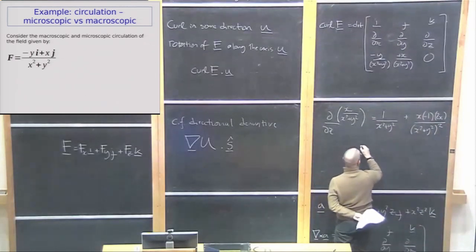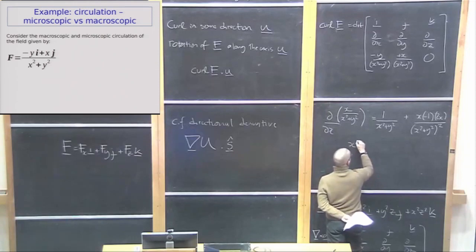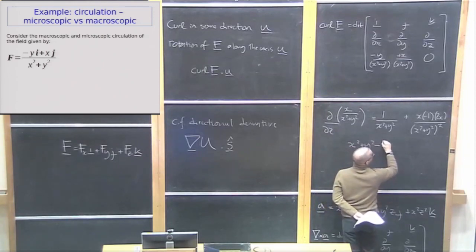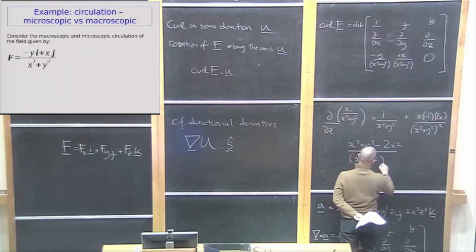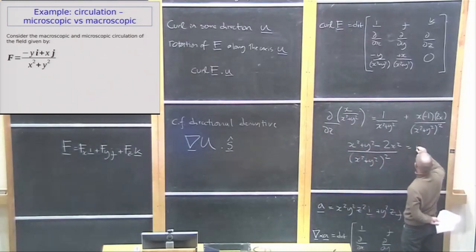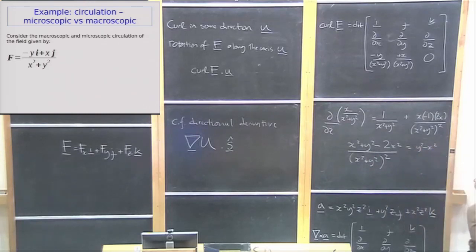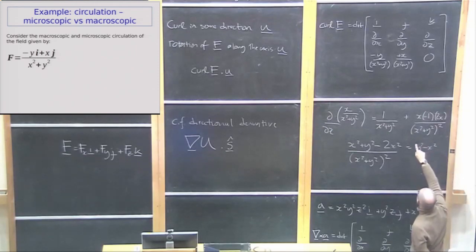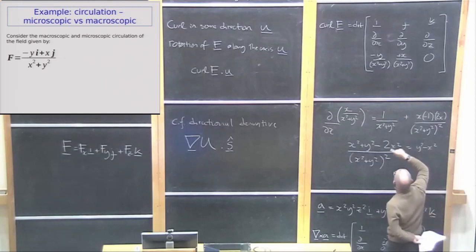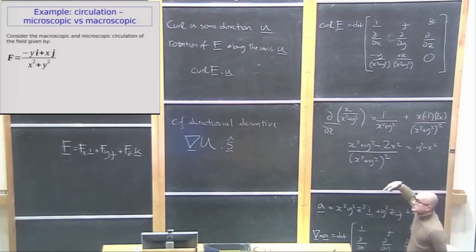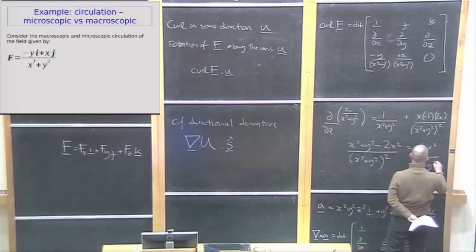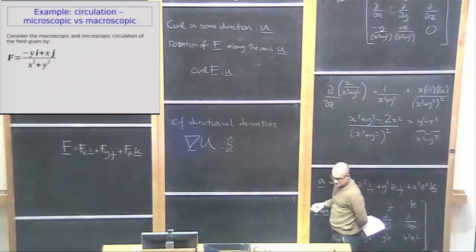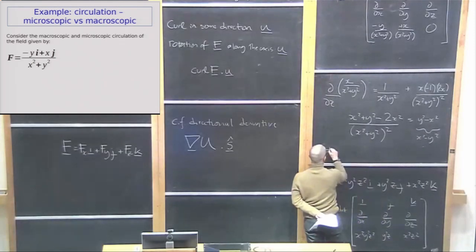And then if I rearrange that to all be over x squared plus y squared squared, then I get x squared plus... So that's what our d by dx is of that component, and we want to subtract the minus y over x squared plus y squared, so that's minus minus, so that's going to be plus the y version of that, and the y version of that is simply going to be x squared minus y squared. So we see that the curl of this vector field equals 0.